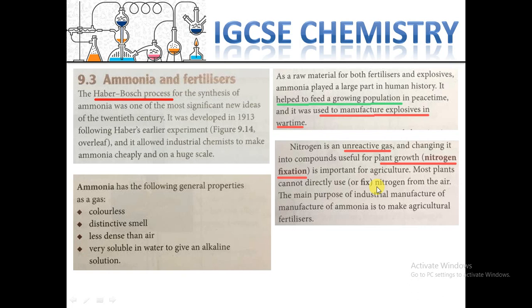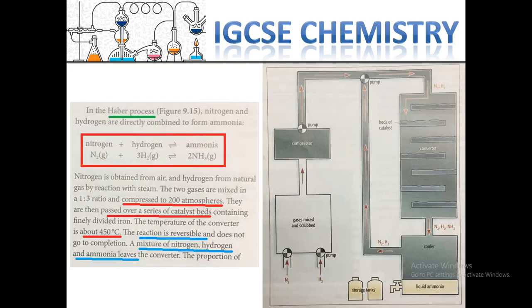So it cannot move to the plants through the air, but it can go through the soil, and if it is soluble in water, it can move through the roots to the plants, because plants need nitrogen for their healthy growth and processes.